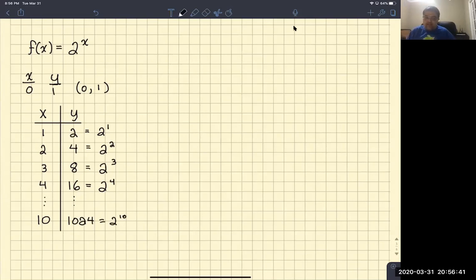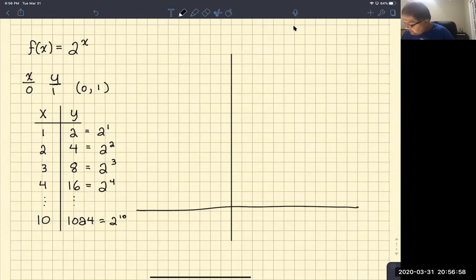So if we plotted these points, (0, 1), (1, 2), (2, 4), (3, 8), (4, 16), we get a picture that emerges, okay? And let's look at how it looks. So when x is 0, y is 1, okay?